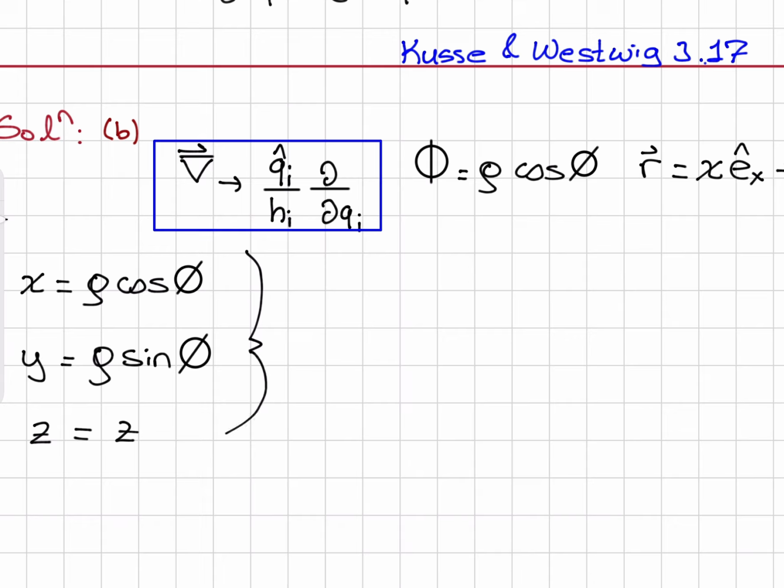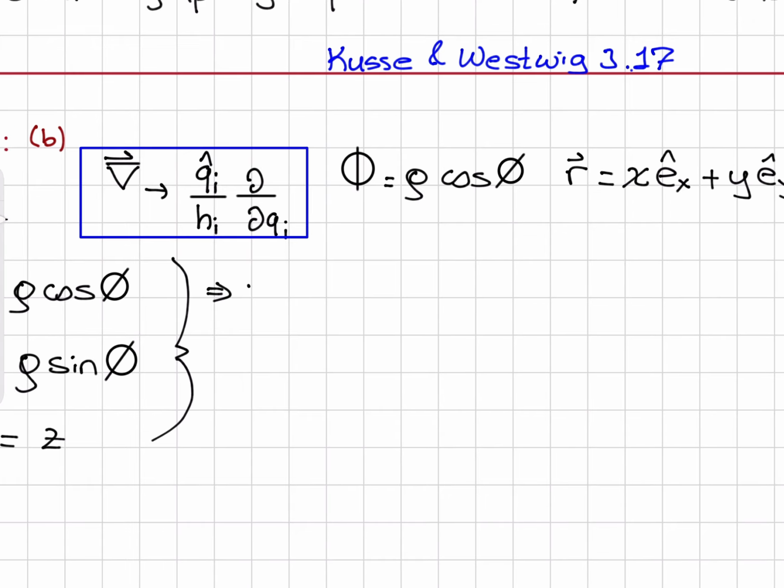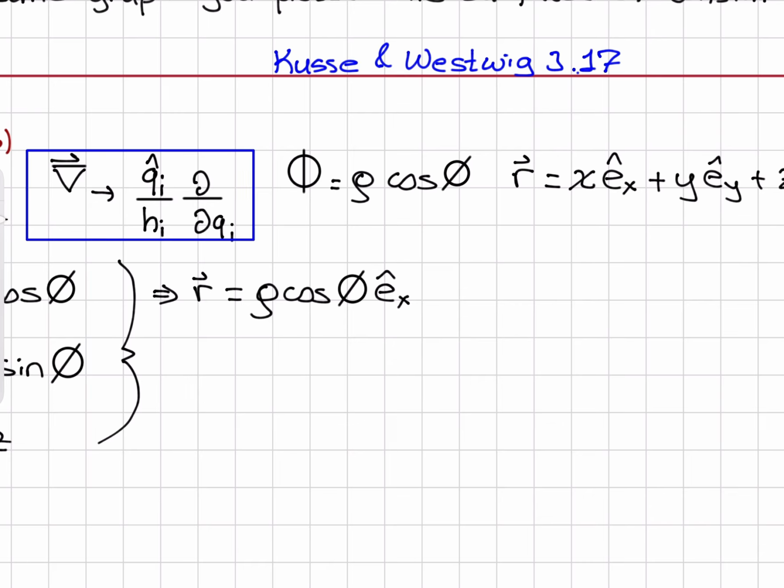So with that, we can substitute these equations into the position vector r. We're going to get rho cosine phi in ex hat direction plus rho sine phi in ey hat direction.